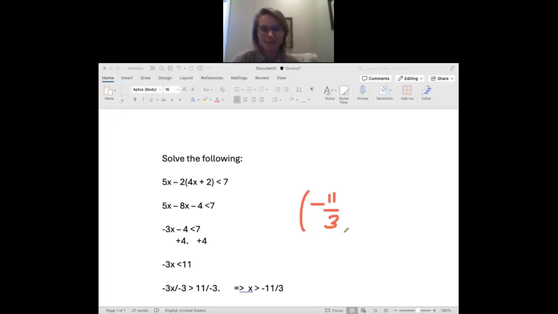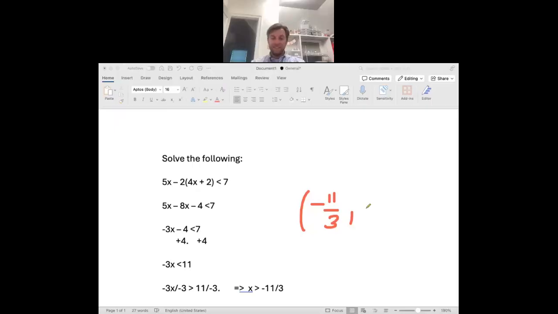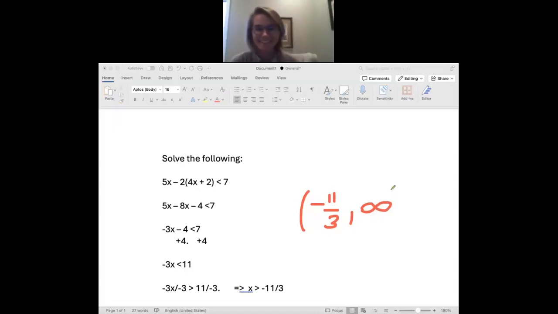Okay. Let's go for it. Comma. Infinity. And parentheses, since there's no or equal to symbol in the inequality. That's exactly right. All the way around. Perfect. No changes.